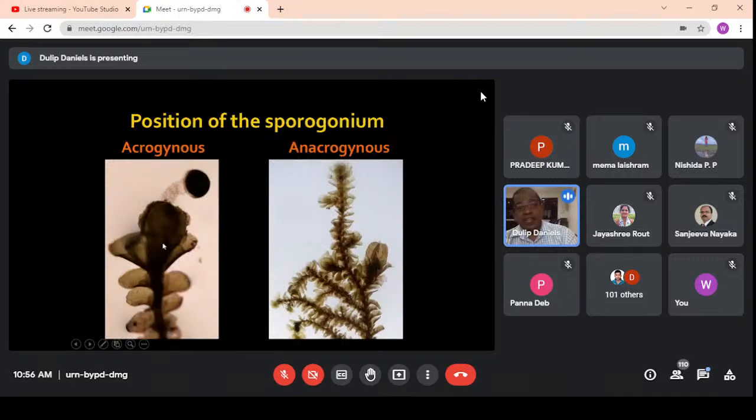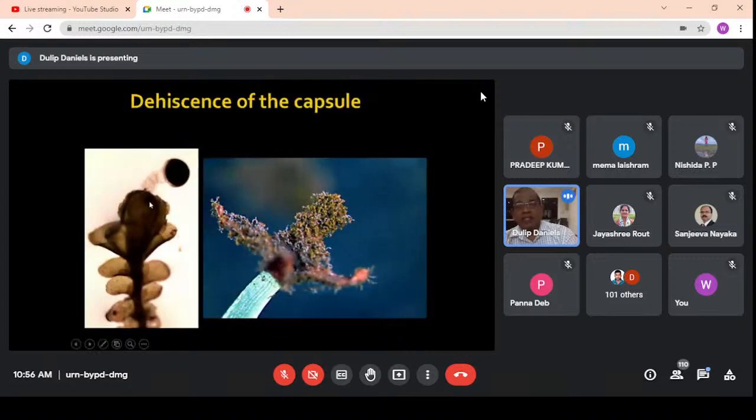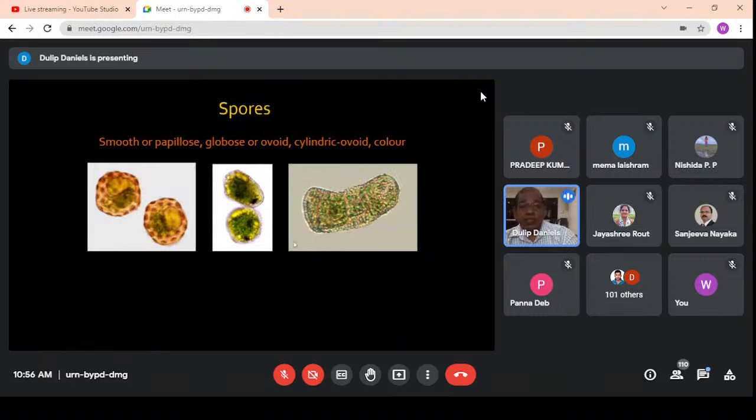When the capsule is young, it's within the perianth. When it matures, it comes out. You could see how it dehisces. These are the spores and the elaters. Spores with diversity, you could see them, different shapes, different patterns of the papillae.